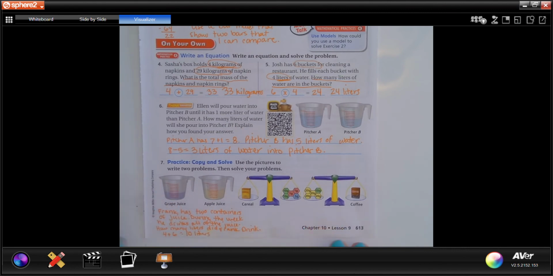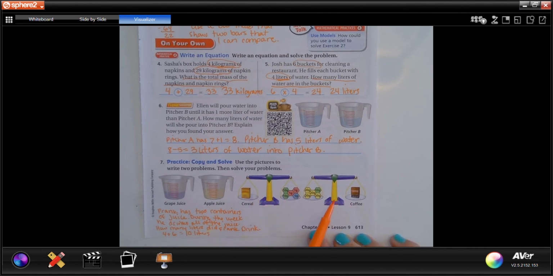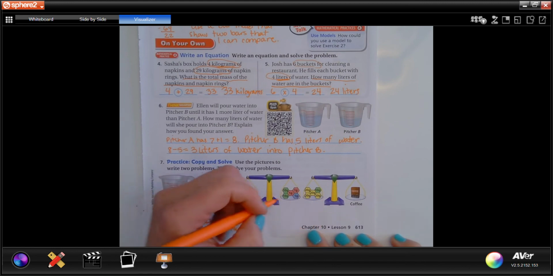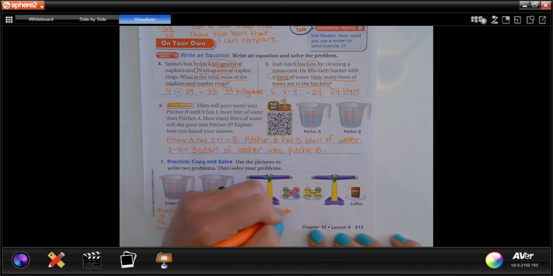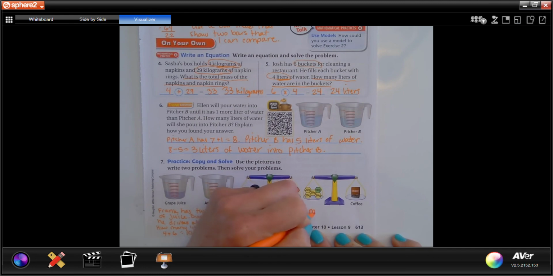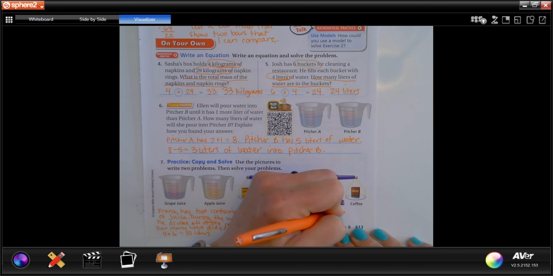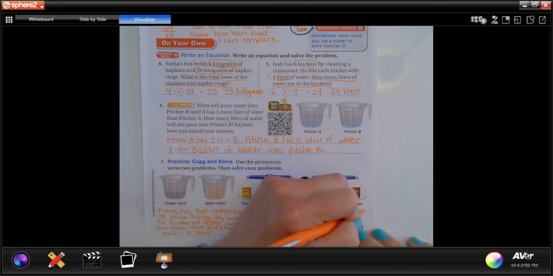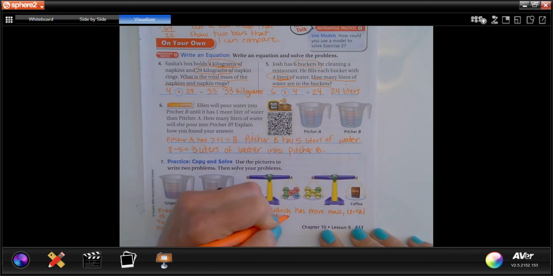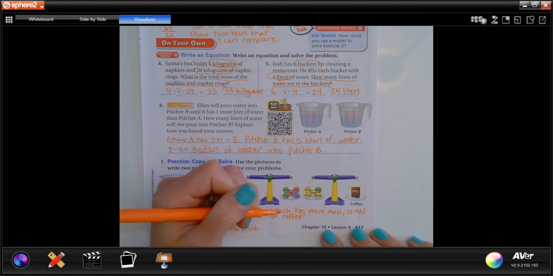All right, let's go over here. Let's say that, we can see mass. So let's see which has more mass, cereal or coffee. Okay.